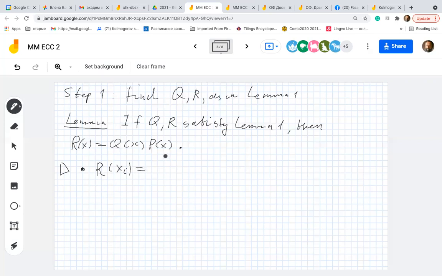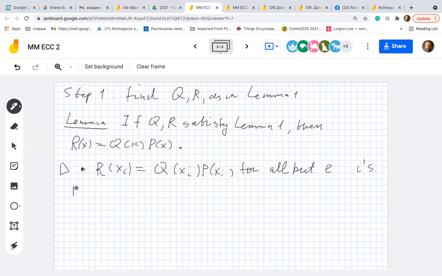Actually this is not true in all endpoints, but in n minus e points. Let us show that r of xi is equal to q of xi times p of xi for all but e i's. And this equality holds in all the points for which p is the same as tilde p.